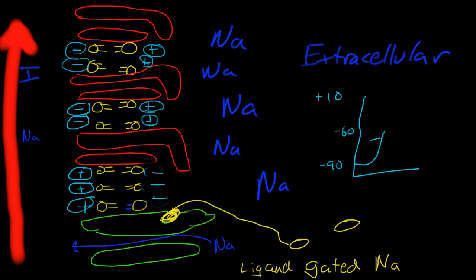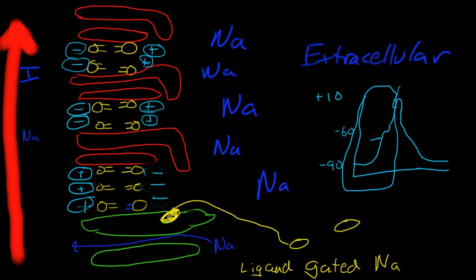So this is the threshold at which the voltage-gated sodium channel will open up, and then more sodium will rush in, and the charge of the membrane will change from negative 90 to positive 10, and then it will come back down again later on. And it comes back down again because of other channels, and we'll talk about that in a few minutes. Right now we're just focused on this first part of the action potential.